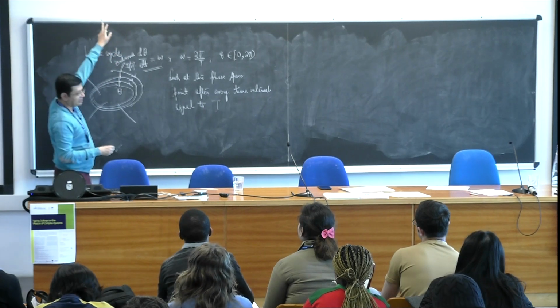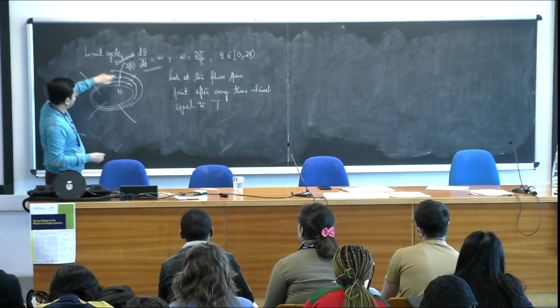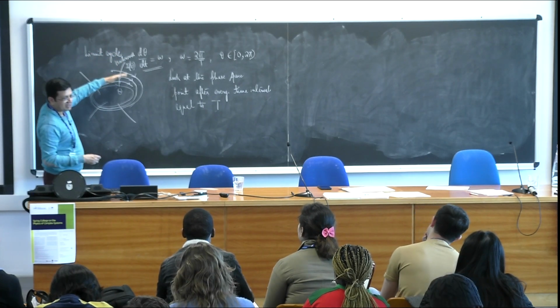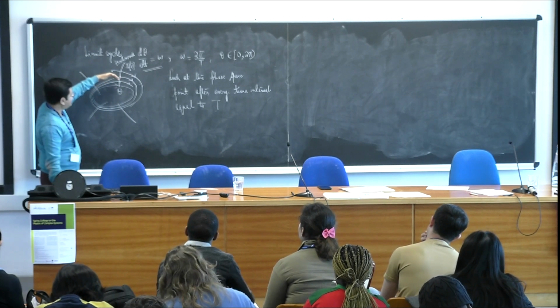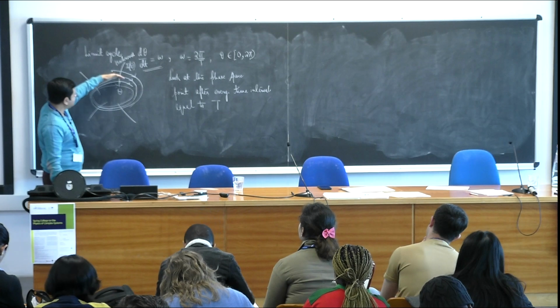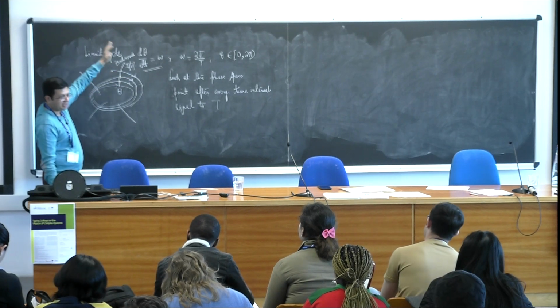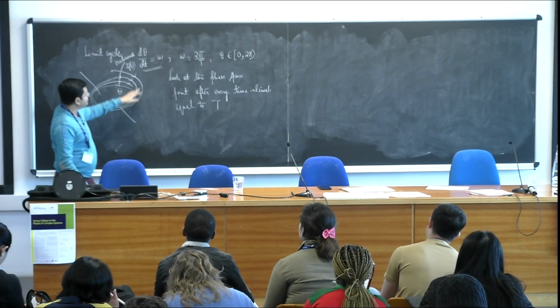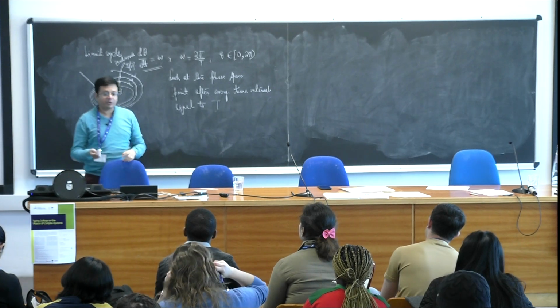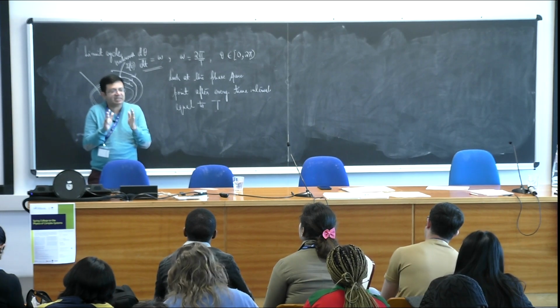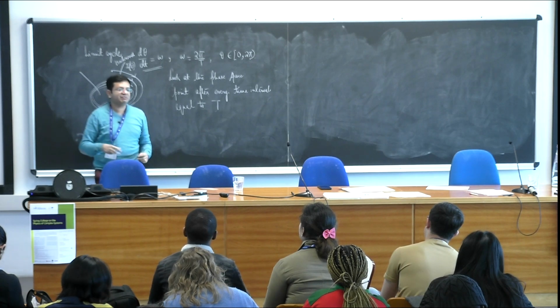Like if you are 10 kilometers away, no, not really. But if you are slightly away, and that's what you are interested in, because in the long time state of the system, you will be close by, you will not be 10 kilometers away. So this equation of motion applies to a very good approximation also to trajectories which are slightly away, that is in the close neighborhood of the limit cycle.